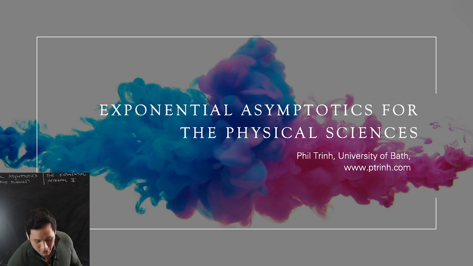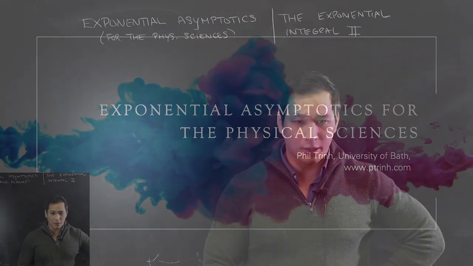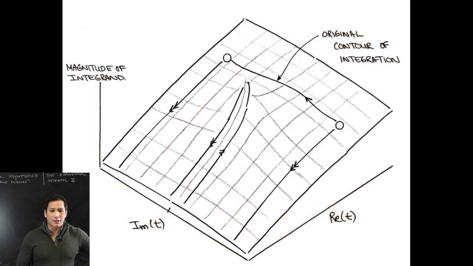Now, what was the situation? So here we are. This was our steepest ascent analysis of the exponential integral. You remember the idea was that we had converted it to an integral equation. And then we explained that if you're in the lower half plane, you have dominant contributions coming from the endpoints.